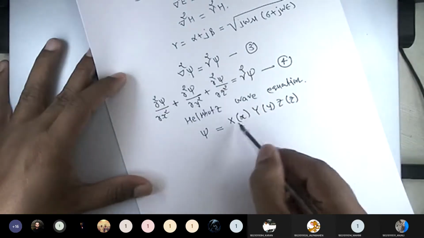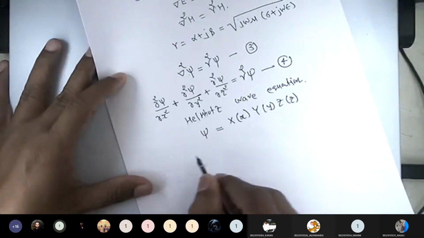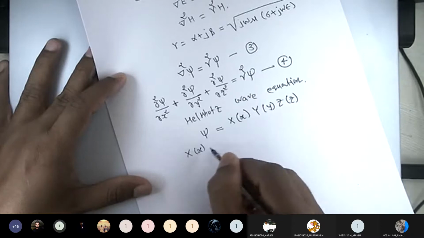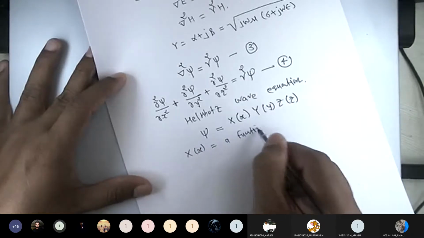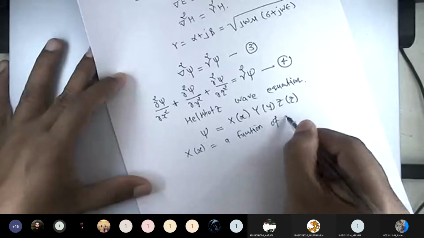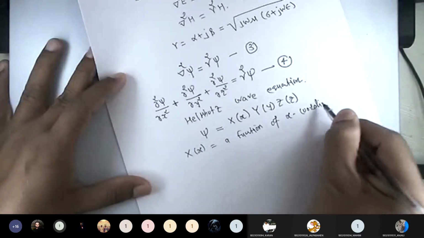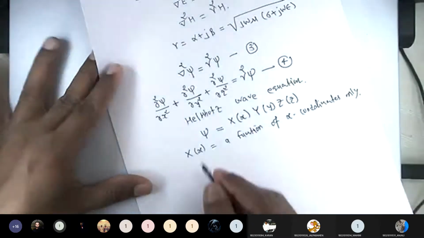Here X of x represents a function of the x coordinate only. So what does it mean?